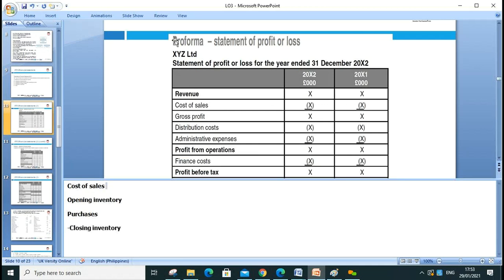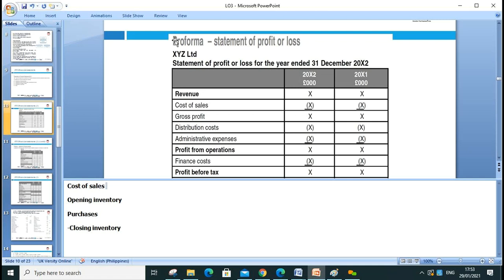Some, like marketing, promotions, or promotional staff salaries, go in distribution costs. If you have admin staff, stationery, we can charge them to administrative expenses, or we can put them under a separate heading, no problem, which is absolutely fine because this is according to the IAS 1 layout.